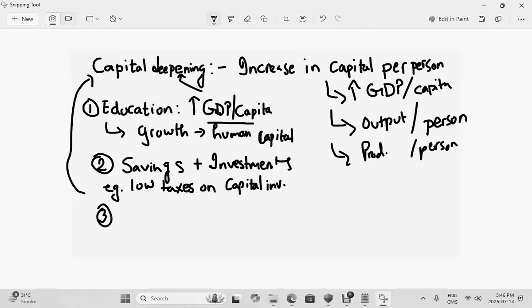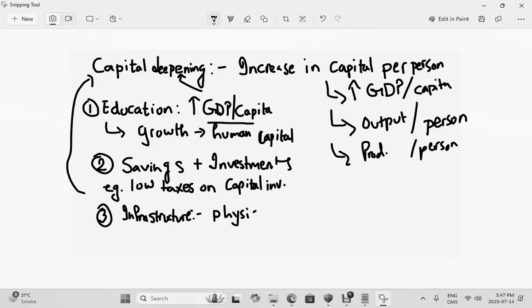Number three has to do with infrastructure. We did mention in the past that it has to do with government investment in infrastructure. So in this case, it has to do with infrastructure development, and it has to do with physical capital.